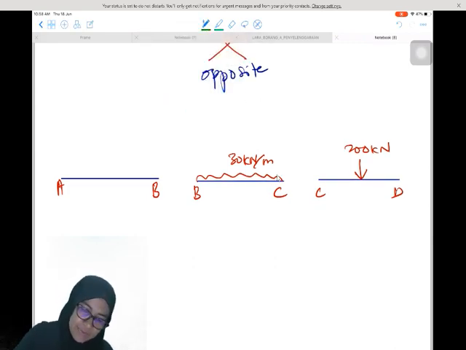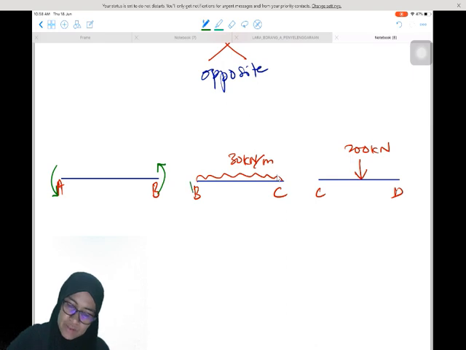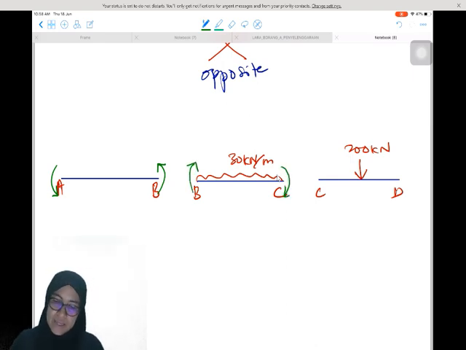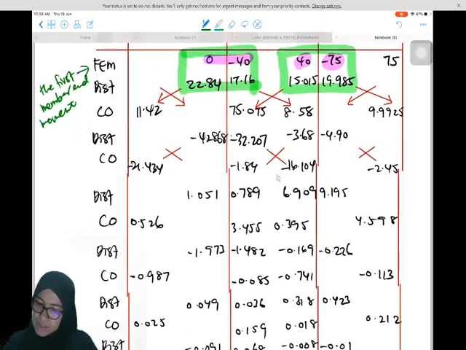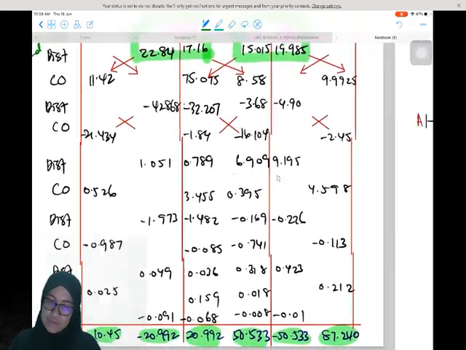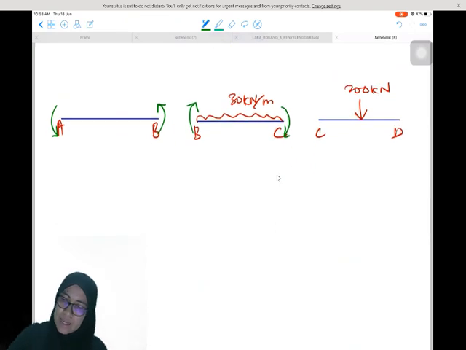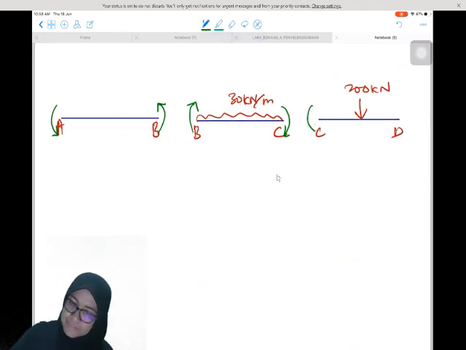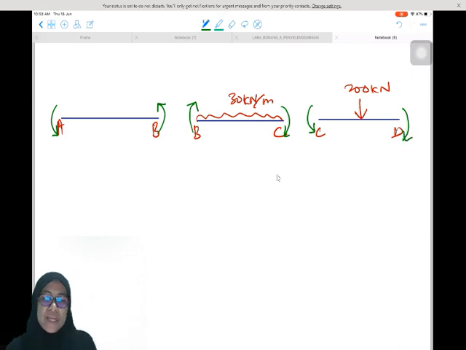Then positive positive, and the last one is negative positive. So this is the moment direction.